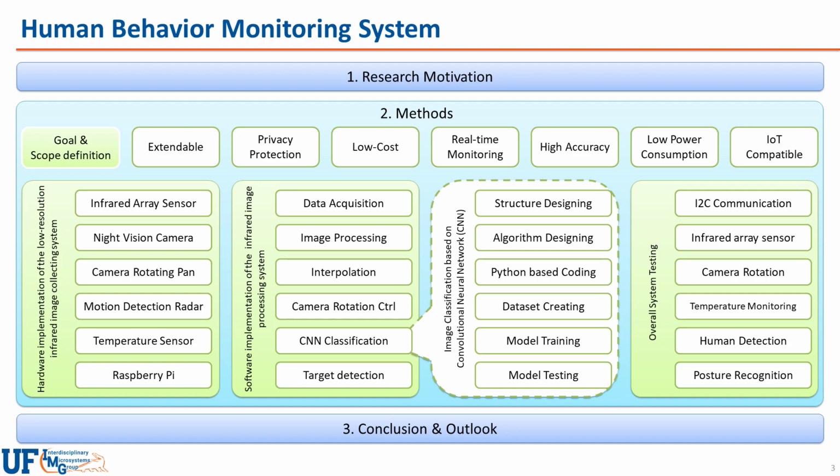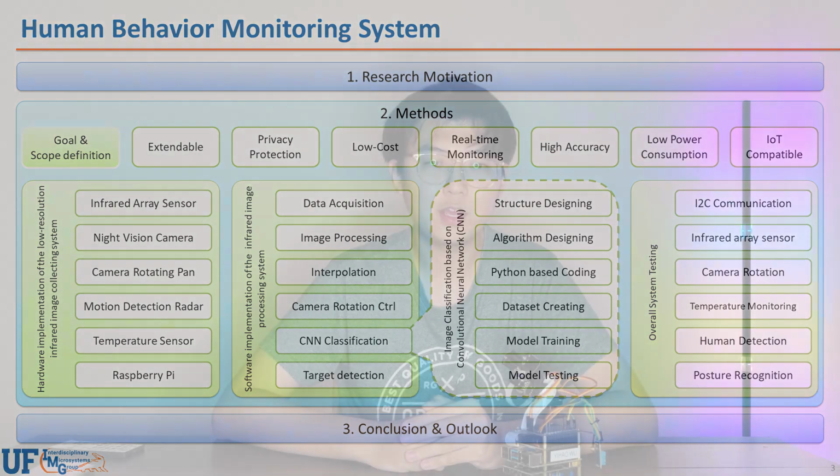All of these external circuits and sensors connect to the Raspberry Pi, and the deep learning model will run on this Raspberry Pi. And all of the data will be transmitted to the internet by the Raspberry Pi via Wi-Fi.